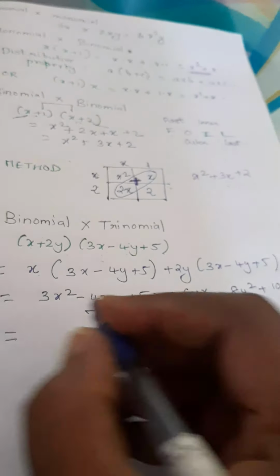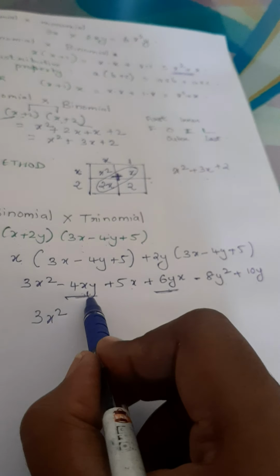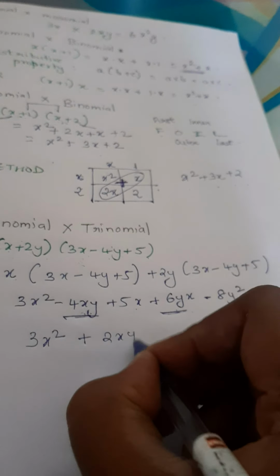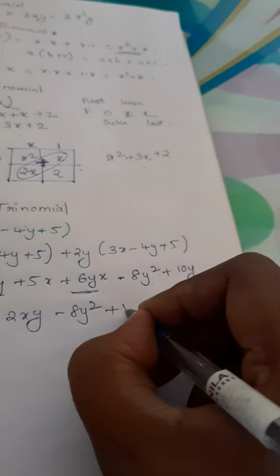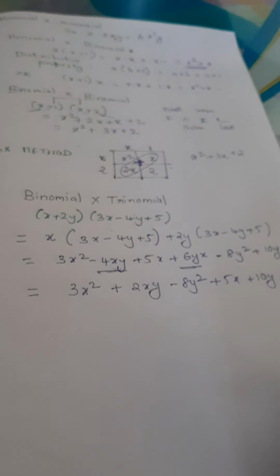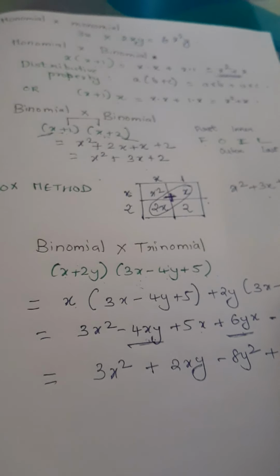How can it be simplified further? 3x square, 6yx minus 4yx or xy will give you plus 2xy. Okay, minus 8y square plus 5x plus 10y will remain the same. So this is how you perform the multiplication of a binomial and trinomial.